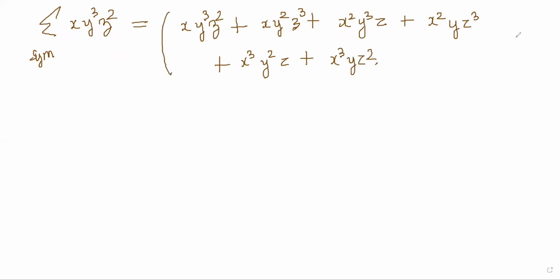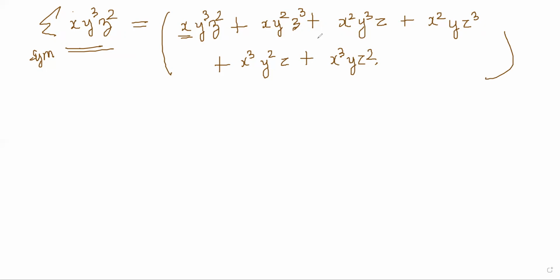These are the six terms that will come in the symmetric sum of this, right? Now, here all the powers were different. If some powers are equal, you will get repeated terms also, right? So this is how you write a symmetric sum. You take all possible combinations of powers for x, y, and z, right?